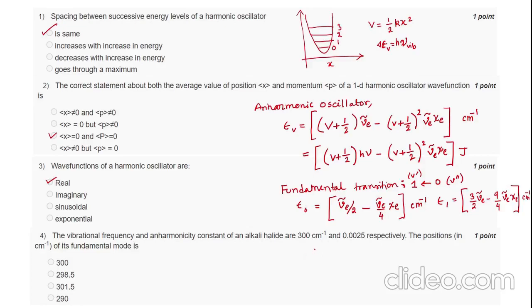So now the gap will be delta E, right? That will be E1 minus E0, which would be the wavenumber minus 2 times xe times the wavenumber.